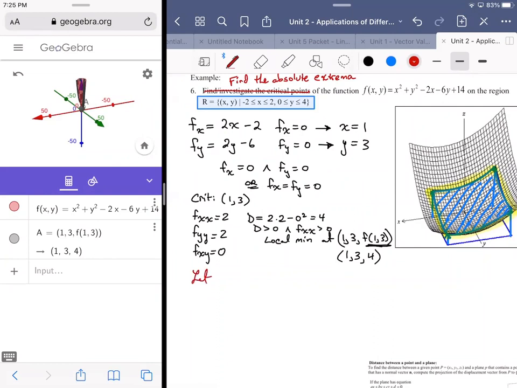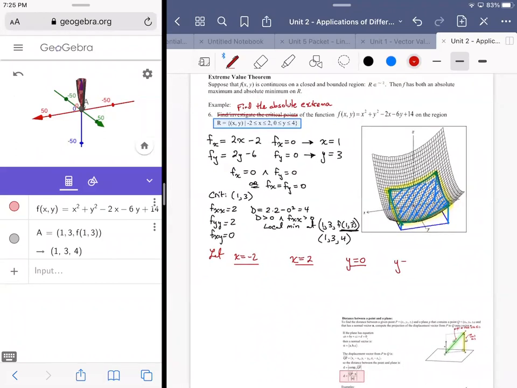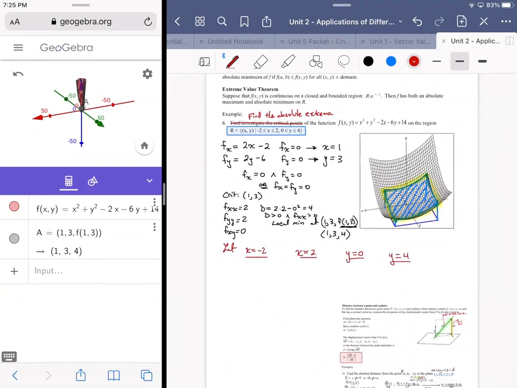I'll say let x equal -2 only, let x equal +2 only, let y equal 0 only, let y equal 4 only. All right.